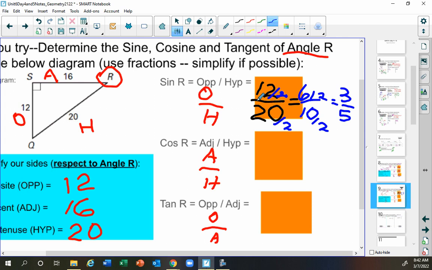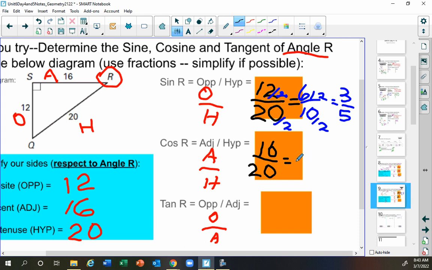All right, let's look at cosine of R. Okay, what two numbers am I going to use to get the cosine of R? 16 over 20. Now, can we simplify 16 over 20?